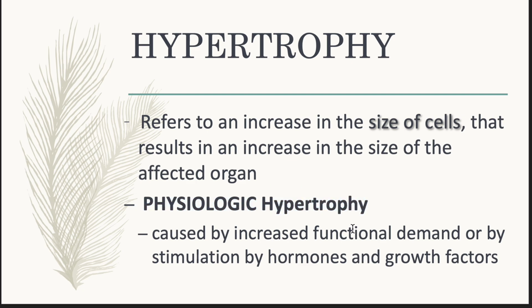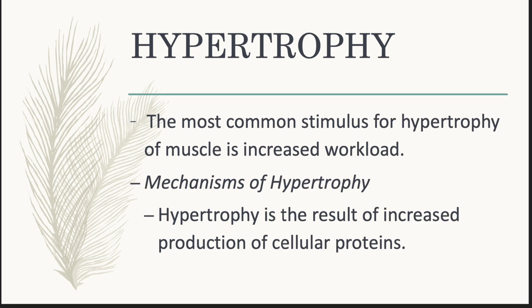So this is caused by increased functional demand, or by stimulation by hormones and growth factors. For example, the new hormones and growth factors that are activated in your puberty will cause physiologic hypertrophy. The most common stimulus for hypertrophy of muscle is increased workload.